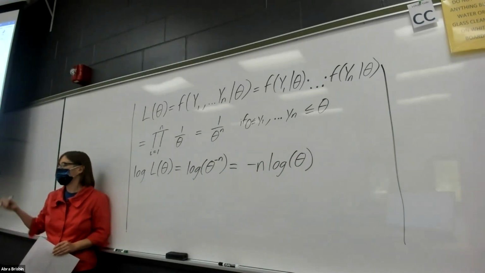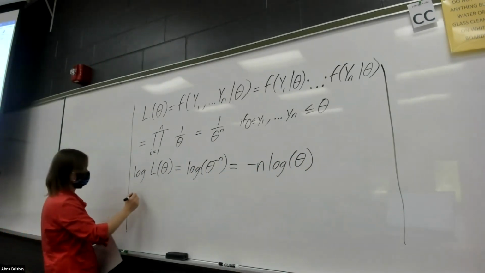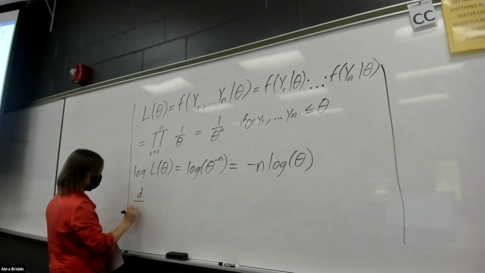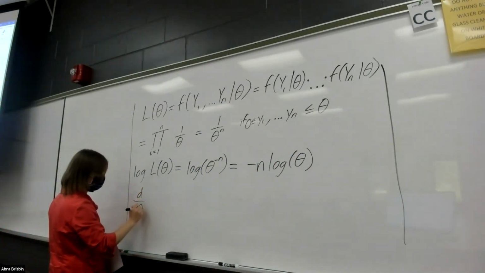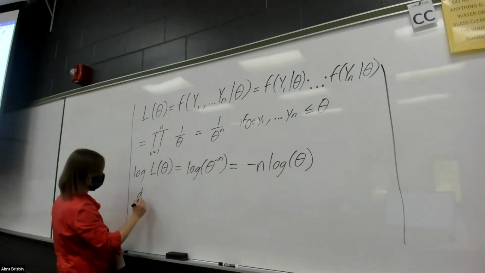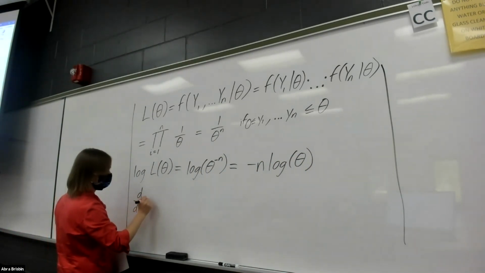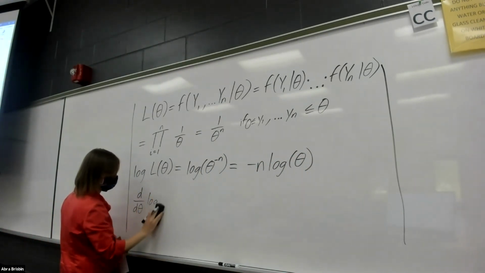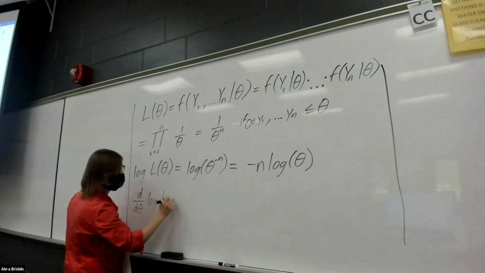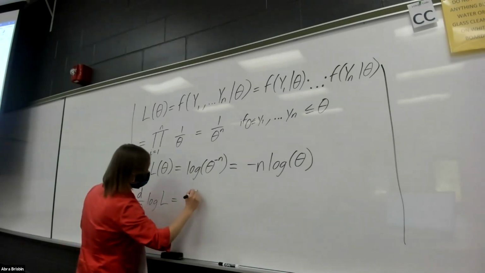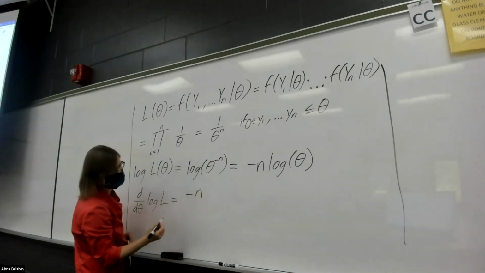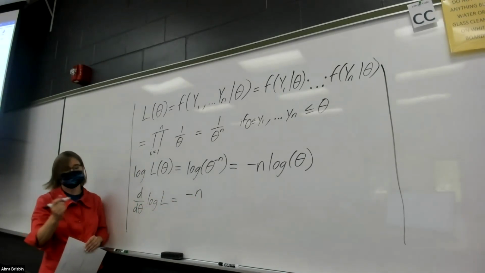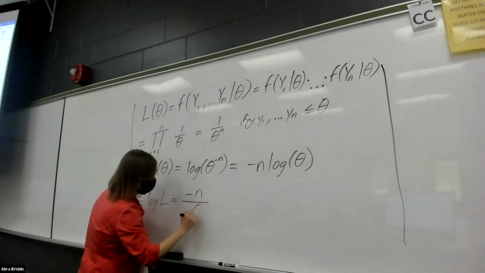Okay. Now let's take the derivative. So the derivative with respect to theta, because that's what we're trying to estimate. So we have negative n times the derivative of the log of theta, which is 1 over theta.